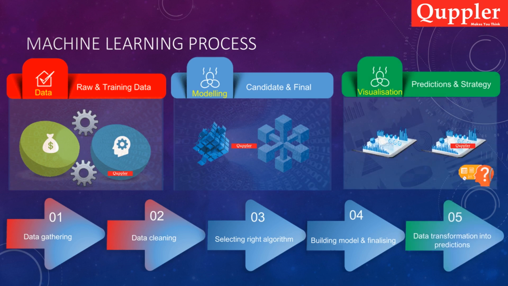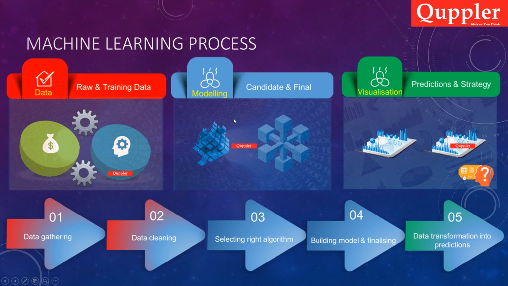Then at last, after training, we do a prediction on it, and based on the prediction we have a different strategy. In data gathering and data cleaning, we get raw data as input, which we clean to feed to our model. We select the right algorithm and build the model for our training data to feed into it.